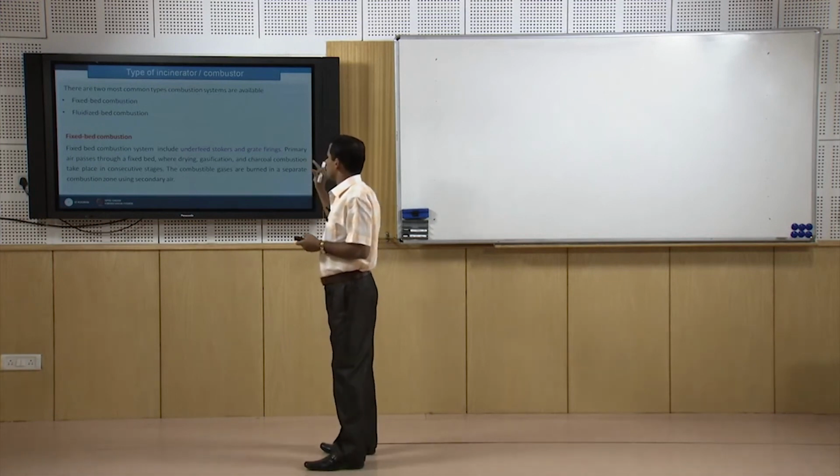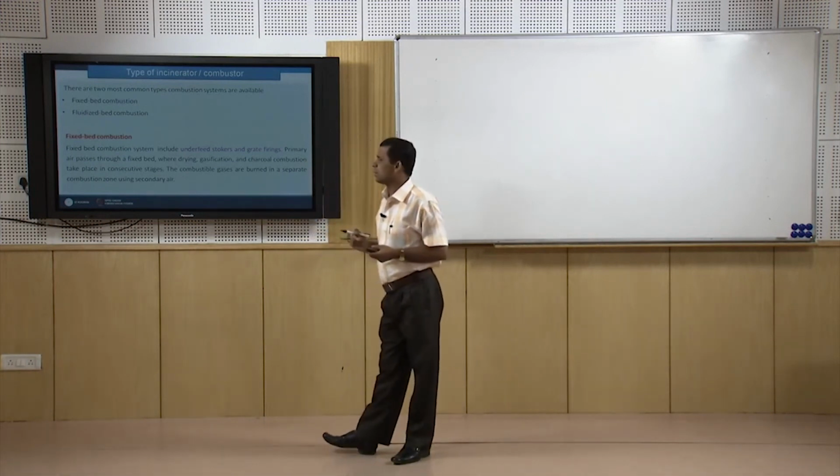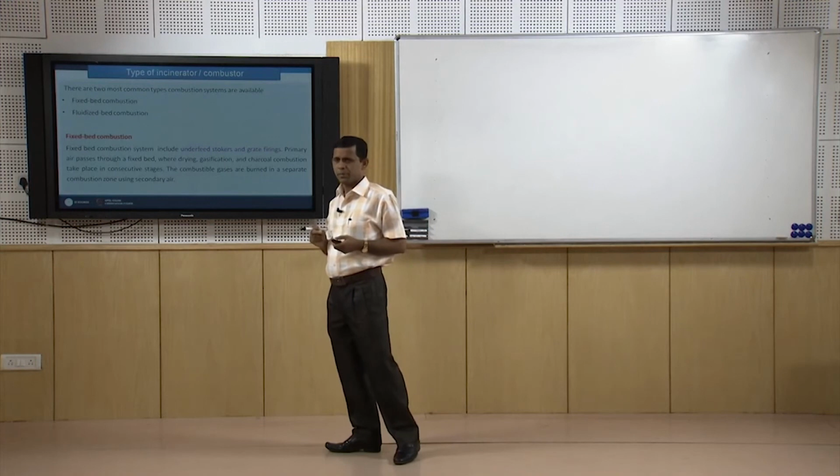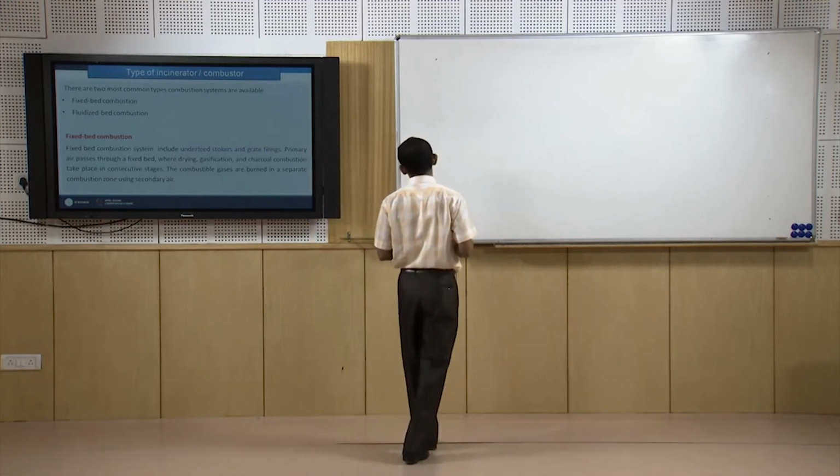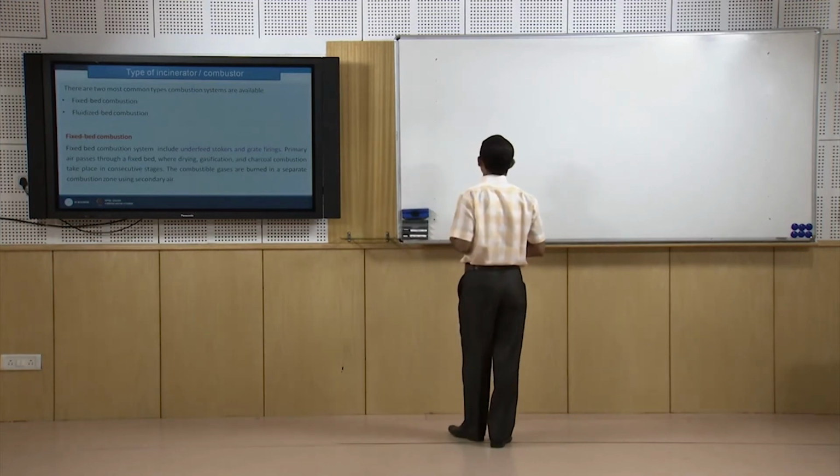Now, depending upon the nature of the grates, fixed beds are basically divided into two types, that is underfeed stokers and grate firing.